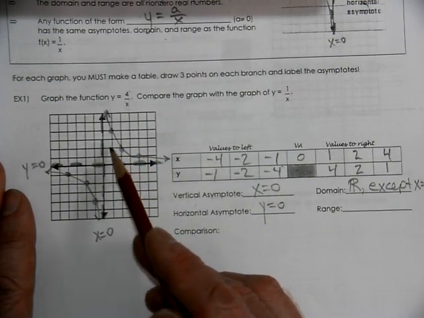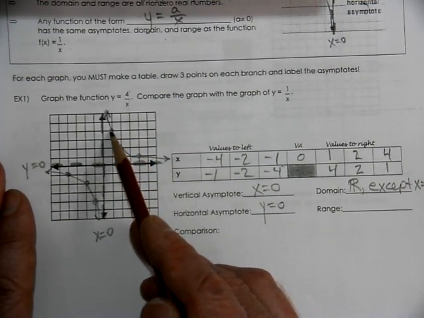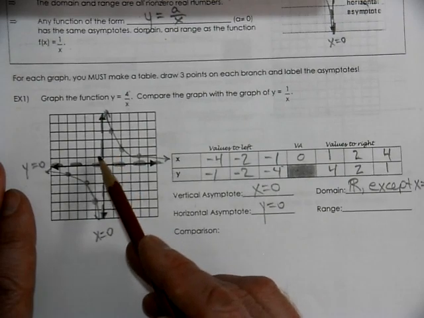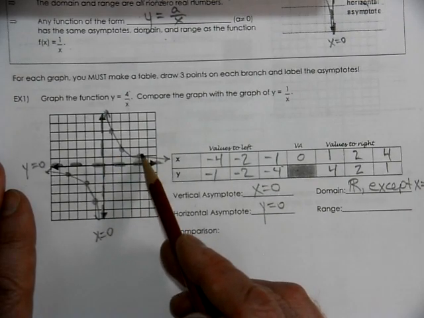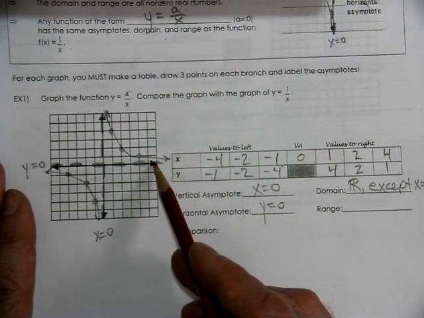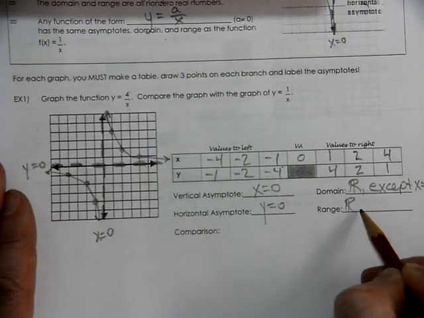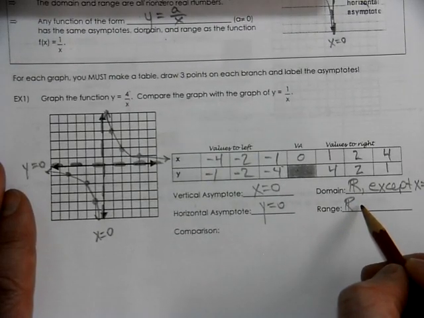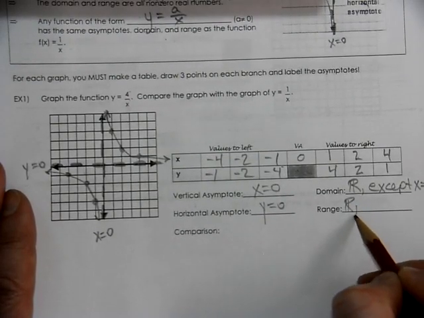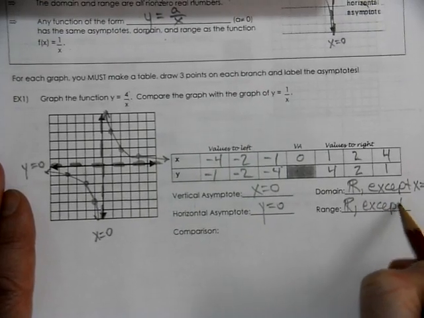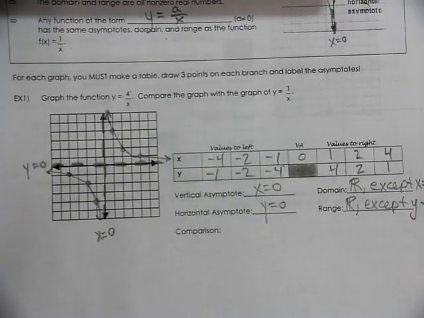And when x is 1, it happens right there. So the graph exists when x is 1. The graph exists when y is 1. But it will never touch when y is 0. That's the range. So all real numbers, you can touch any y value except y equals 0.